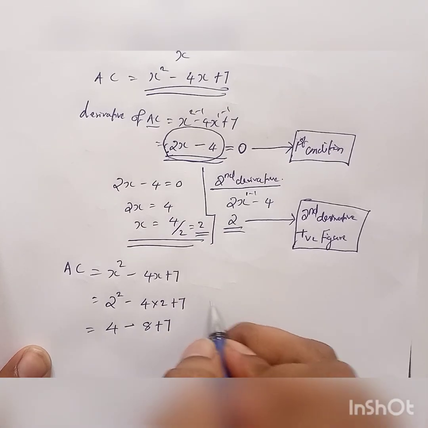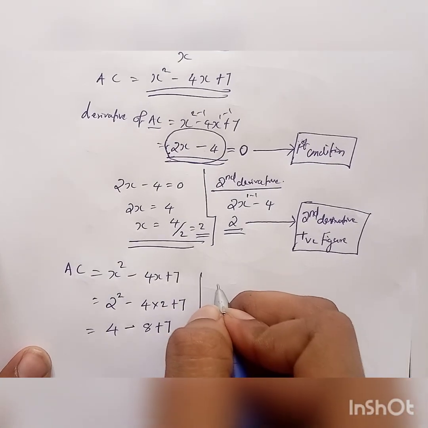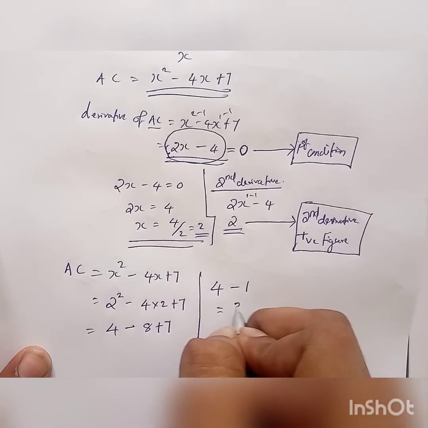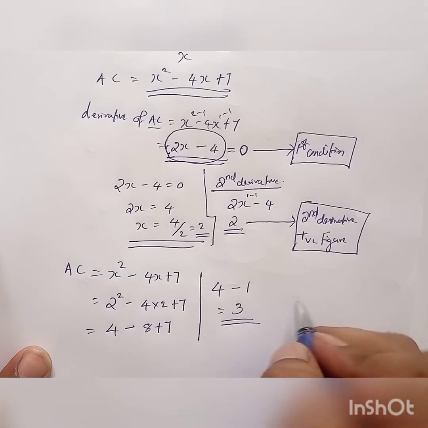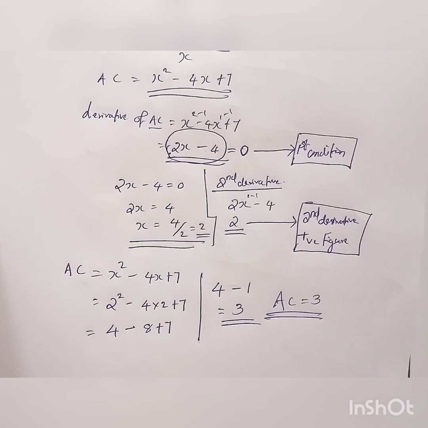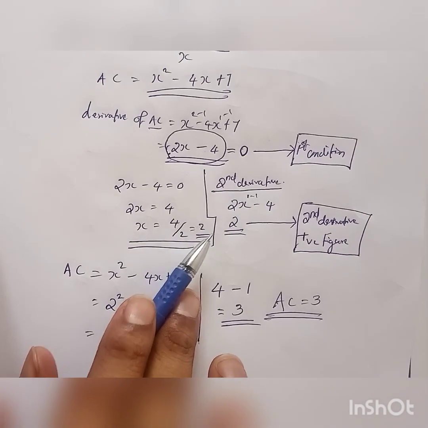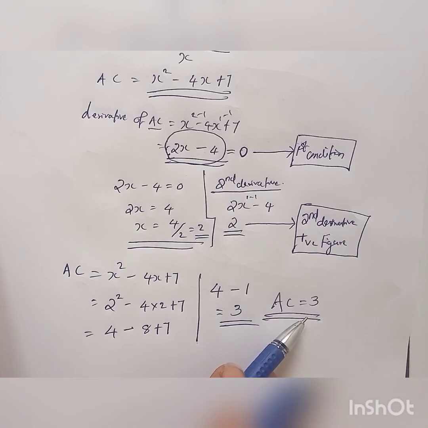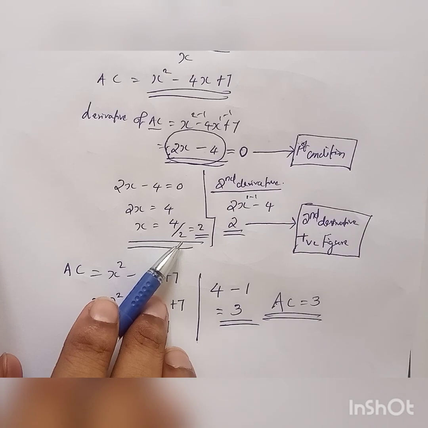Then 4 minus 1 equal to 3. So average cost will be 3. So when we are producing 2 units, it is minimum. What will the average cost be? 3 will be the minimum average cost at 2 units.